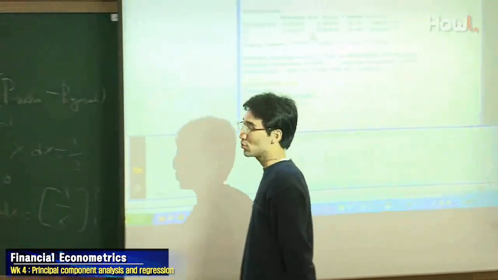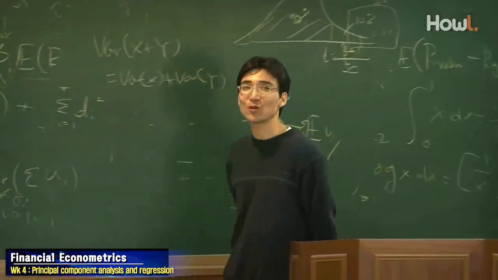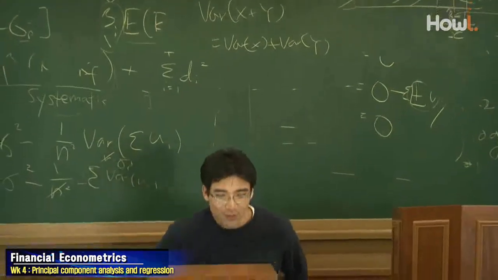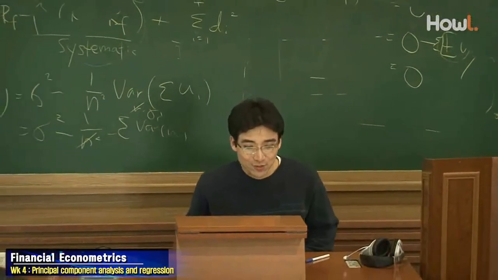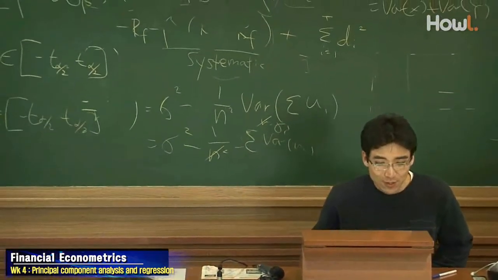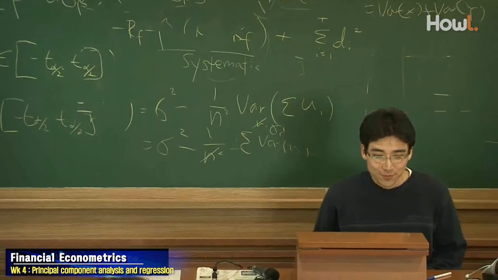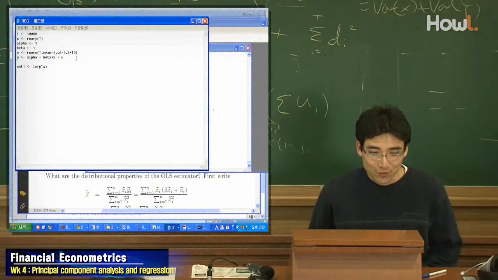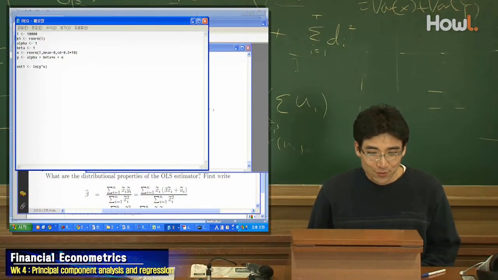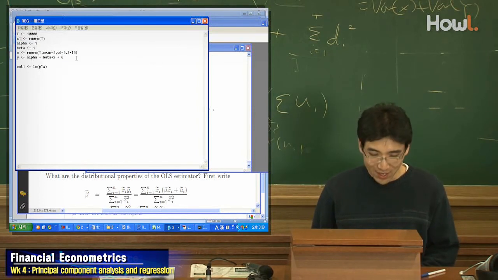So this is the univariate regression, and for your homework, you have to do multivariate regression. So in that case, let's say there should be x1. In your case, first is market premium.